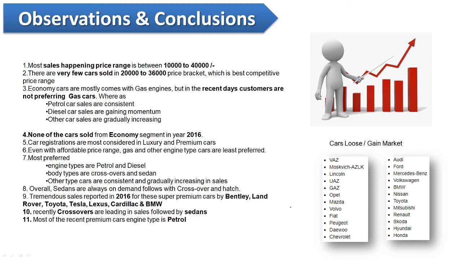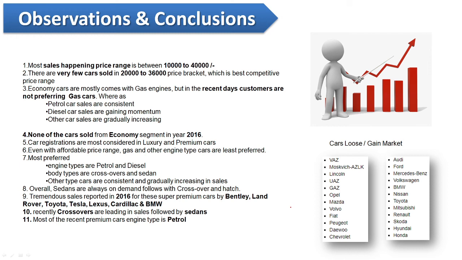The other observation here is that none of the cars from the economy segment were sold in the year 2016. In general, if you see the past history, economy segment cars are the most selling cars, whereas in the recent year 2016 it reported ground touching sales.